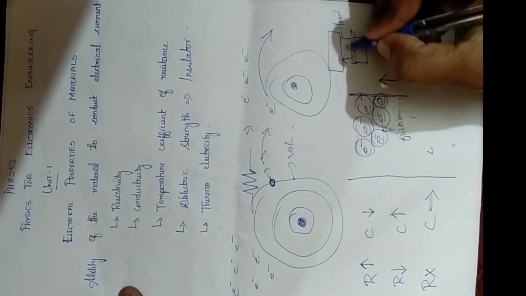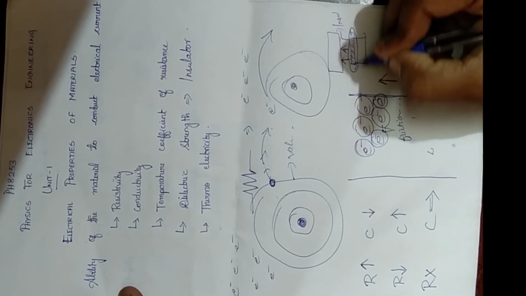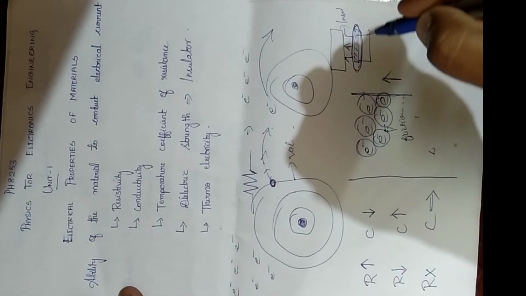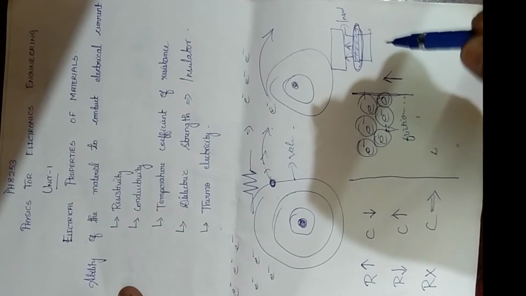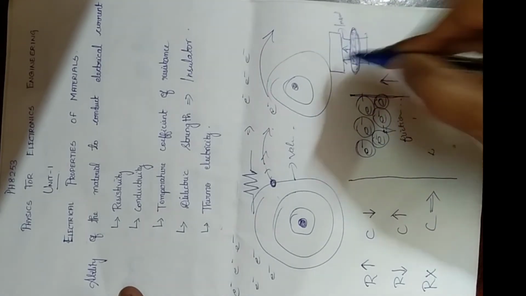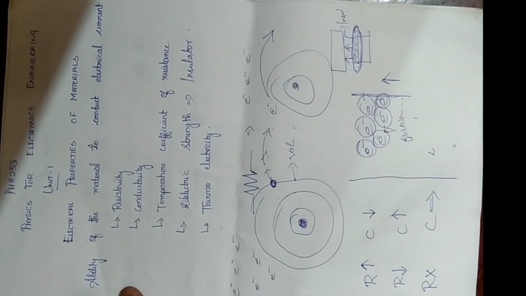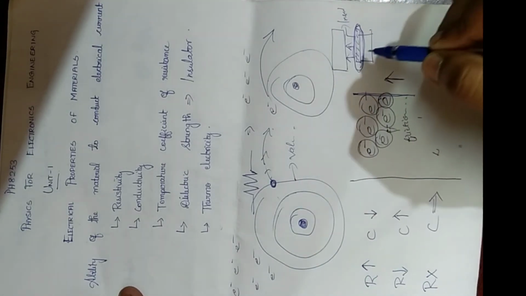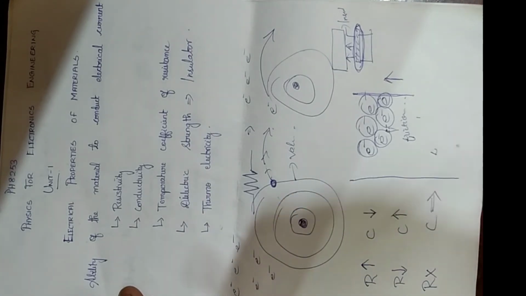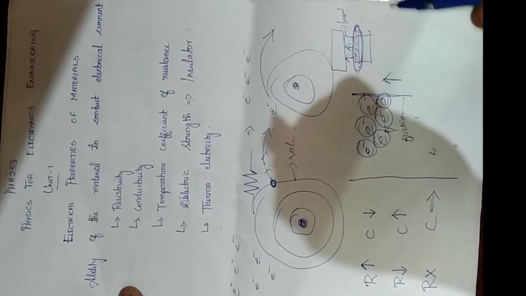So, I need my electron to flow out of this insulator. In order to get my electron out of this, I need this insulator to break down. In order to get breakdown, this insulator has to be given a certain voltage, a certain strength of electric field.